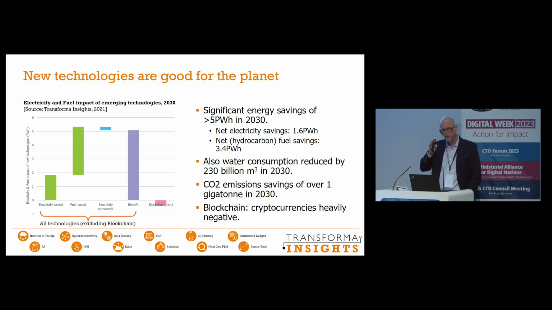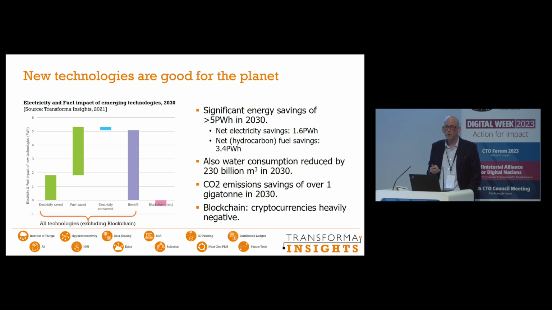So through the use of these various different technology approaches, specifically, well, in fact, across all of these digital transformation technologies that we talk about, but particularly IoT, we can see 230 billion cubic meters worth of water reduction by 2030. So a huge, huge amount.